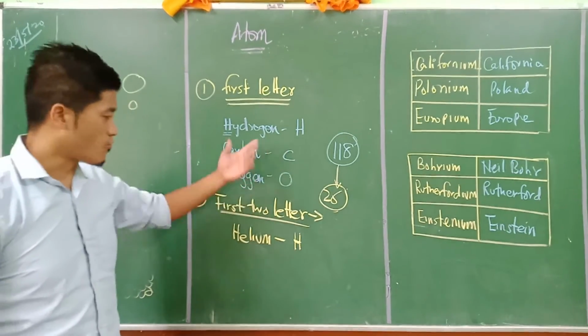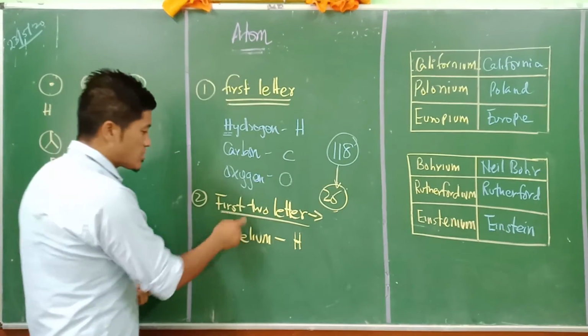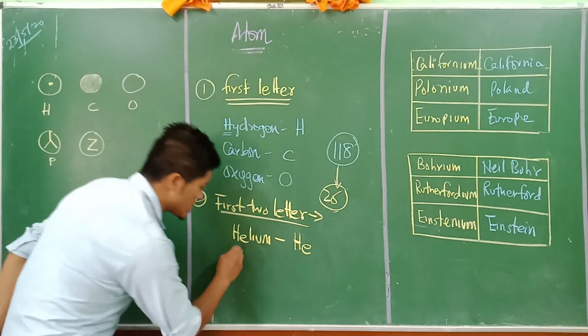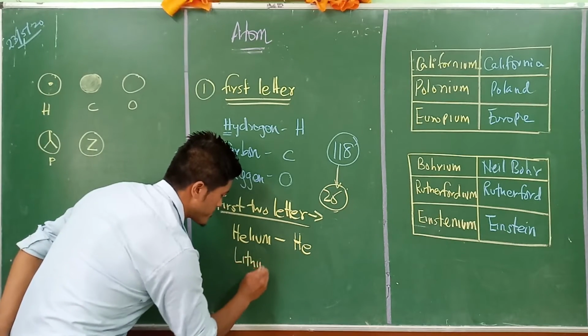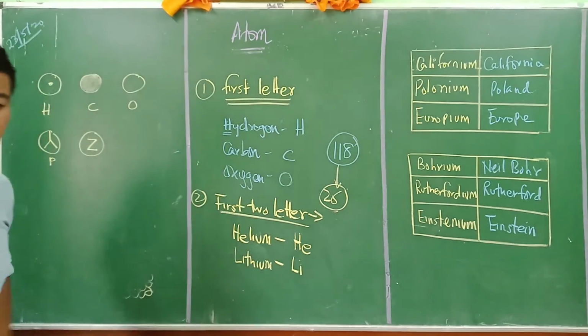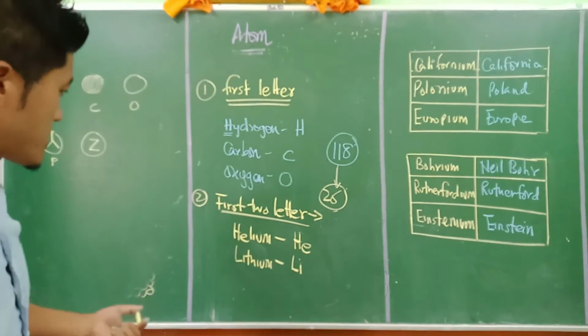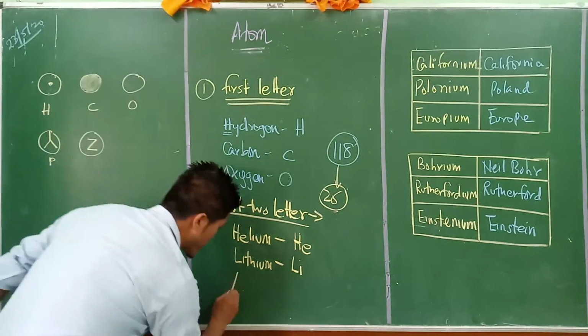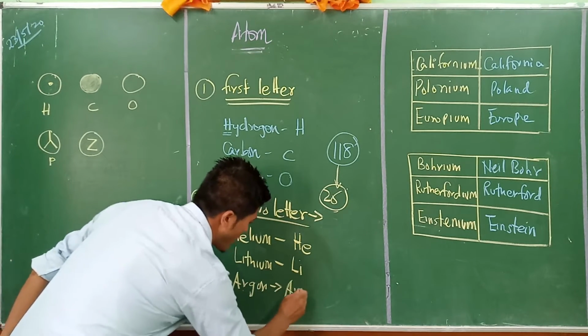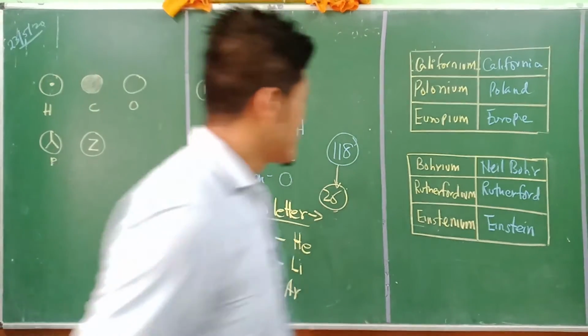So this rule is not working. So they used the first two letters, that is He. Similarly, in the case of lithium, it is Li. Understand? There are many others, like argon, that is Ar.